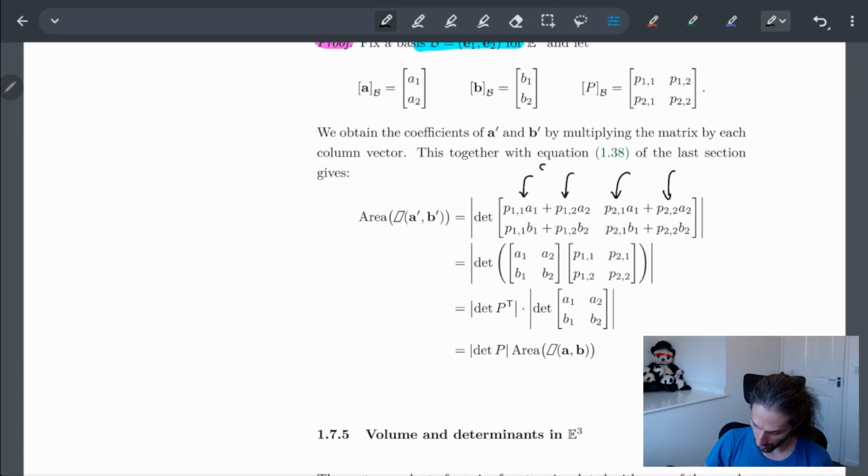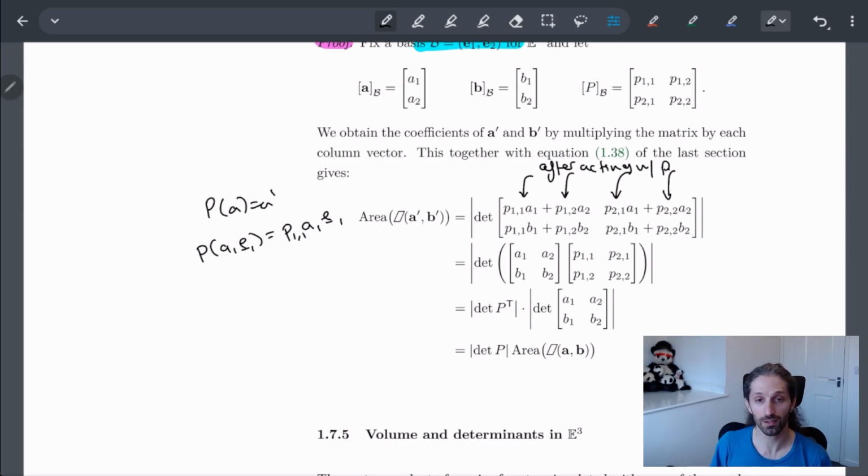Since P of A is equal to A prime, this gives us stuff like P of A1 E1, for example, is going to be P1,1 A1 E1.